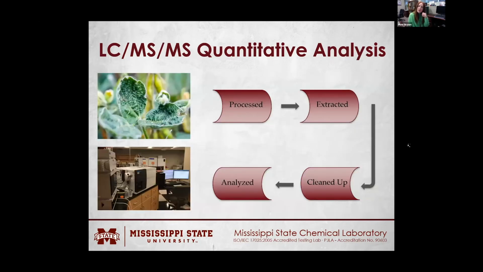So if we look at what we typically do when we're asked to determine if dicamba or 2,4-D or several other pesticides may have been used in a drift event or may have caused damage in a drift event, the plants come in, they're processed, they're ground. We then use some type of extraction procedure to pull out the analytes or the compounds of interest. And when you do that, sometimes chlorophyll and other agents from the plant come over, and so you clean it up so that you can get the lowest level of detection.